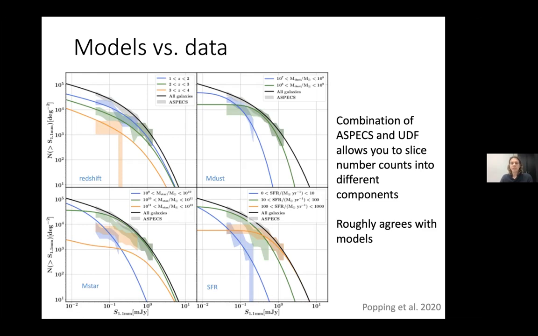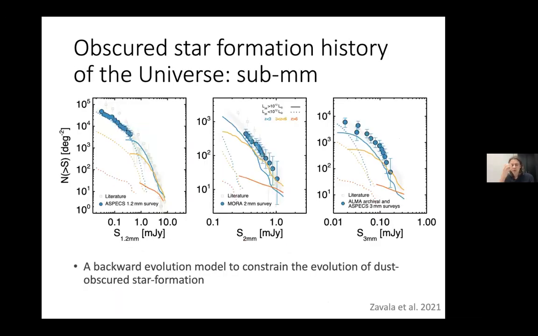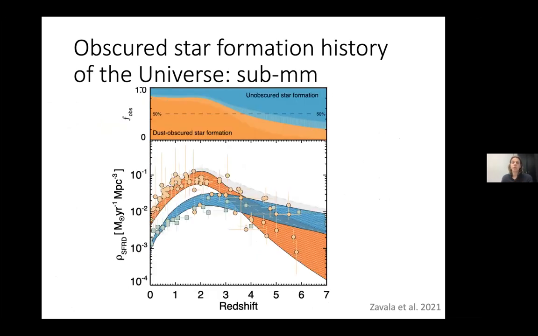But even now with these types of models, and this is a very similar model, but from Jorge Zavala, what you can start to do is describe the data at various wavelengths. In the model, play with a number of parameters, like how much dust-obscured star formation is there really, and fit the data to these observations, and that way work out all the way to redshift 4, 5, 6.